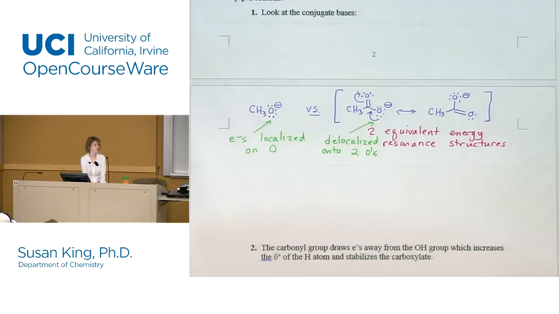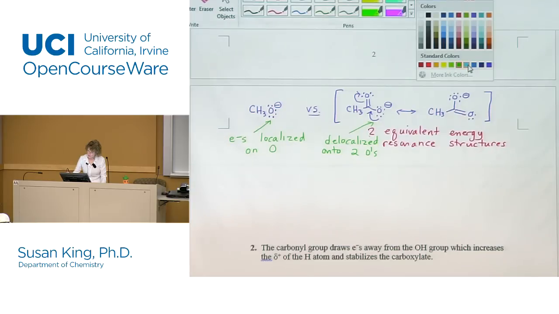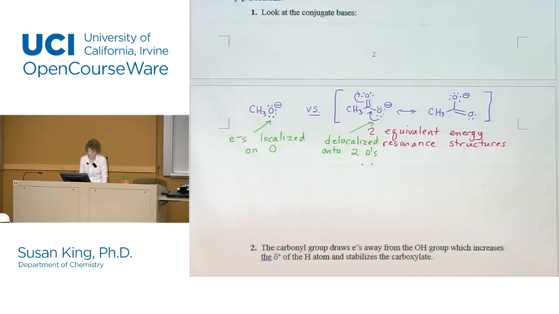It's always better to have delocalized electrons. Always better to have delocalized electrons. So when you delocalize onto 2 oxygens, it's also really powerful, as we're going to see coming up, that delocalizing electrons onto oxygen is very good. And so what we can say here is that the conjugate base is resonance stabilized.